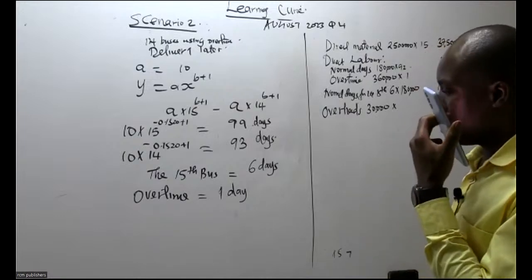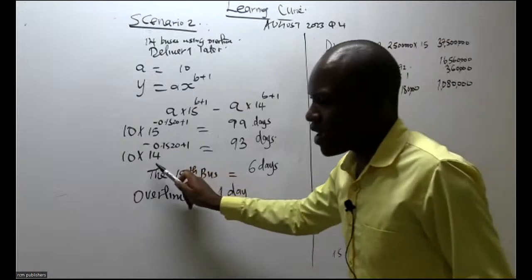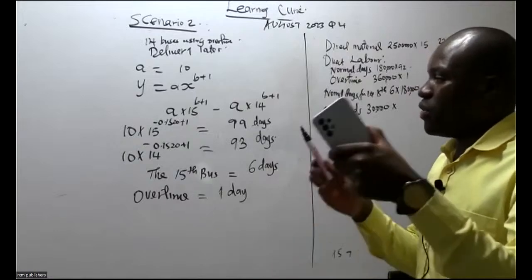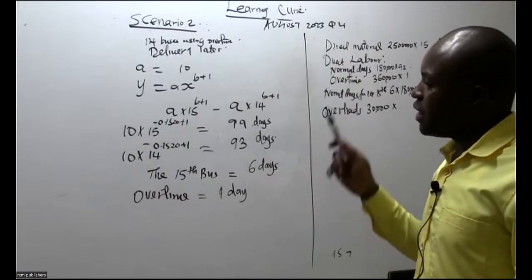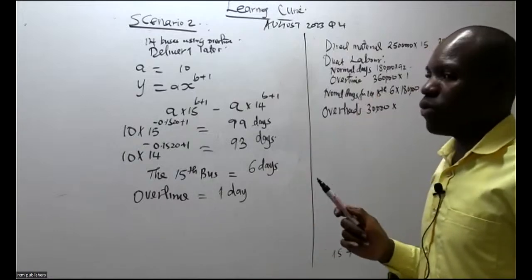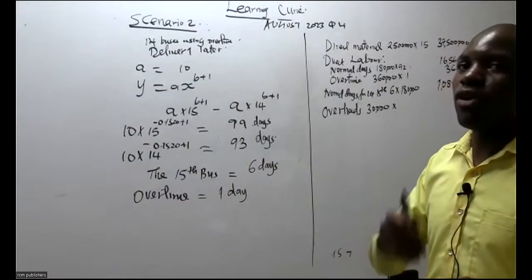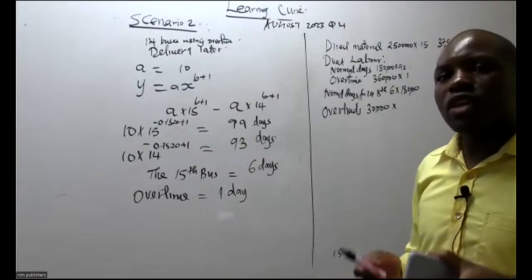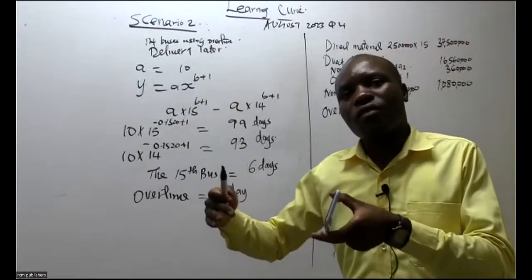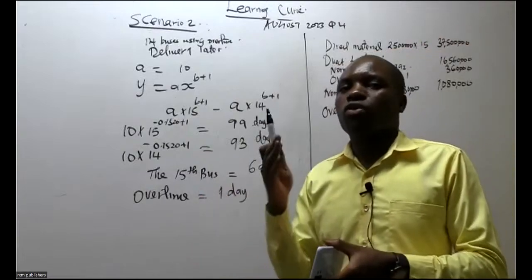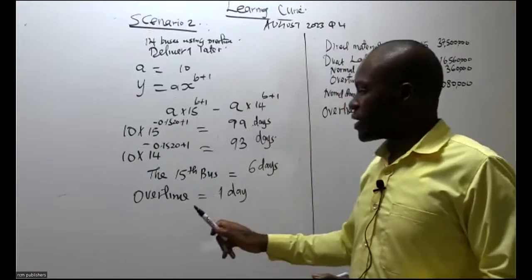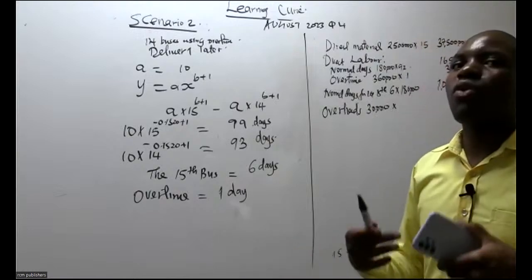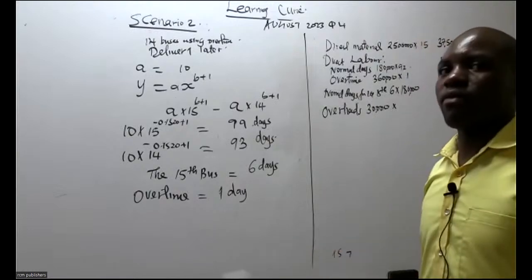But this person has said, the first 14 buses, I will work overtime and deliver them within that particular time. But the extra bus, I cannot work within the deadline. So I will work beyond the deadline, but my employees will be working during their normal working hours of the day to produce that one bus. So the 15th bus will be produced within the normal working hours.